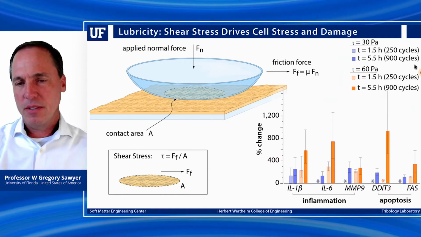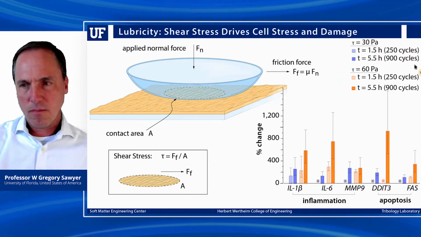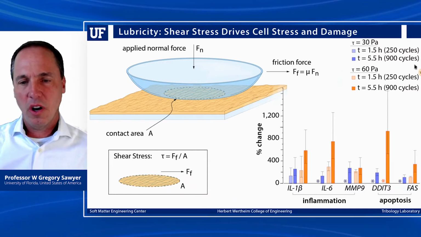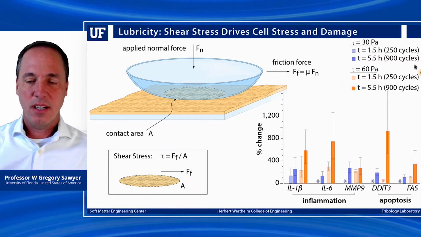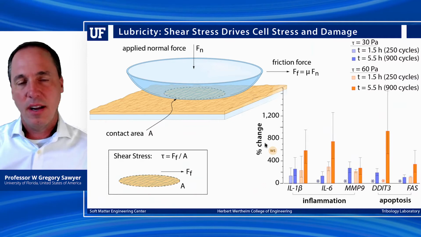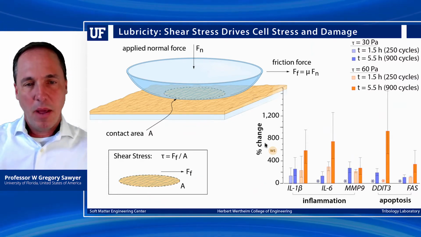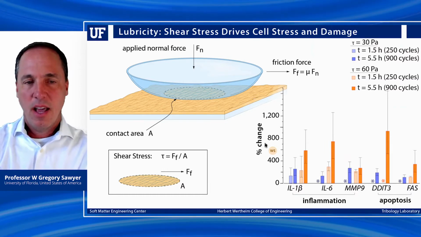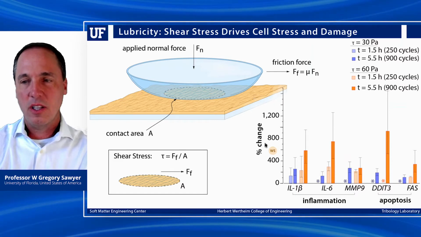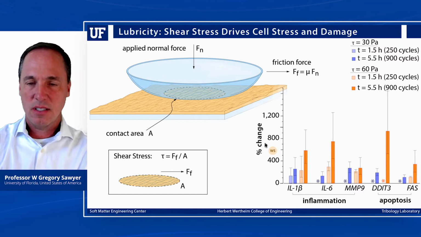The other thing that happens with shear stress, and we mentioned inflammation earlier, is that as we increase that shear stress, we also increase the production of pro-inflammatory cytokines, such as IL-6 and MMP9. Now, these cytokines are linked to pathological pain. And it may be through the cytokine production that our eyes are detecting pain. And we're detecting this as it accumulates both by increased shear stress and increased number of sliding cycles.